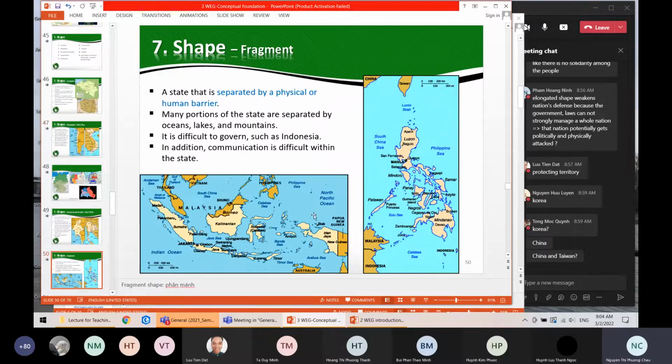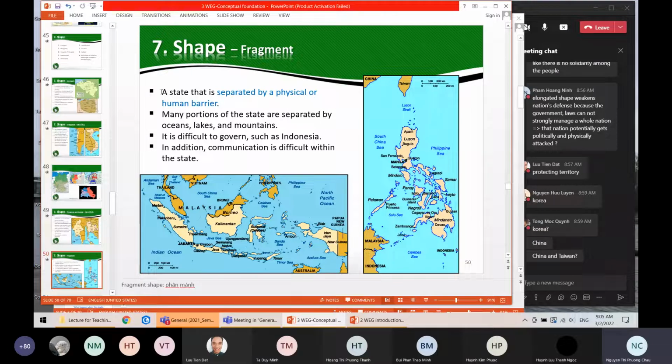But a fragment, like the Philippines, Indonesia, Malaysia, is divided into many pieces. The Philippines has more than 1,000 islands, and this has many disadvantages as well.